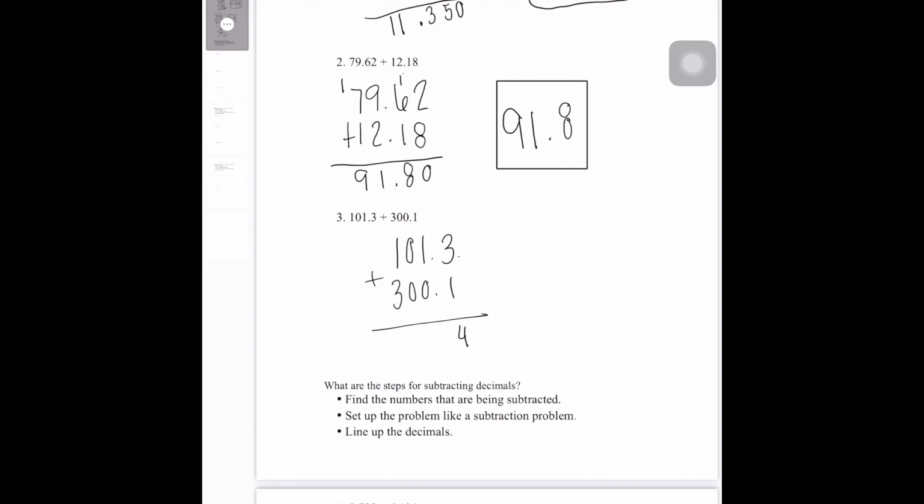Now we have to bring down the decimal because there are no other numbers on the right side. Now, 1 plus 0 is 1, 0 and 0 is 0, and 1 plus 3 is 4. See, just because it's a bigger number does not mean it is harder than the others. So you end up with 401 and 4/10.